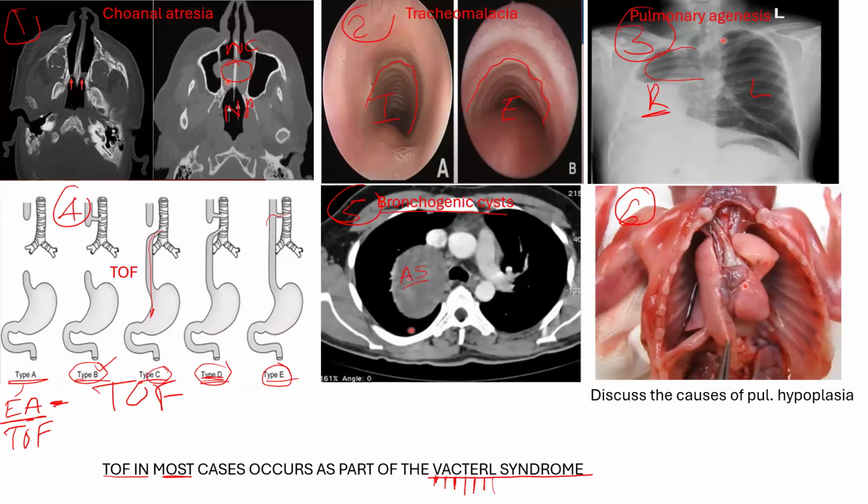So in cases of infection, these cysts might establish communication with the airway, and that might bring about issues, because the fluid might enter the airway and might cause even aspiration of fluid, and that is what the patient might present with. That is pulmonary hypoplasia. Okay, and I want you to discuss.